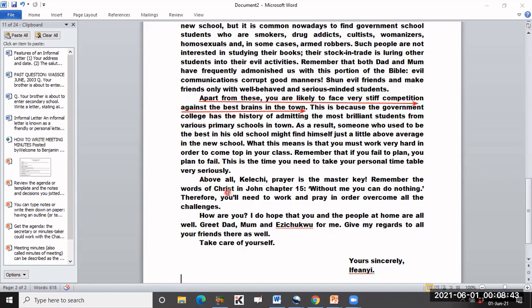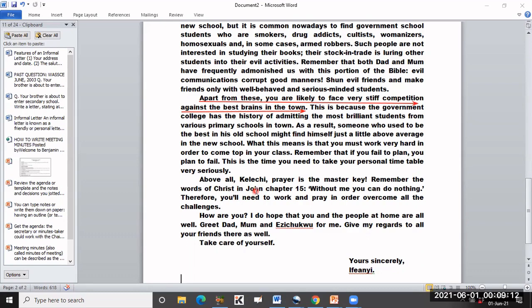Now, because the solution to these challenges is part of what the examiner has asked for, there's nothing wrong with devoting an additional paragraph, if you have the time, to placing more emphasis on what your brother should do to overcome these challenges.